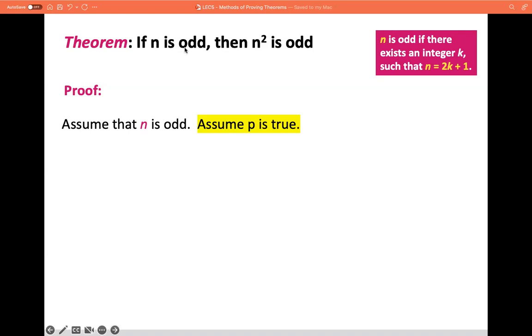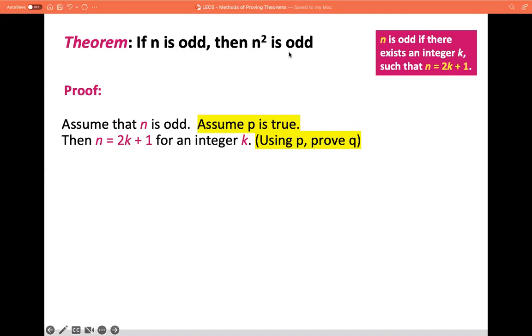So we will assume that indeed n is odd and use that assumption to prove Q, which is n squared is odd. So if n is odd, then n is equal to 2k plus 1 for an integer k. So we will be using this P to prove Q.